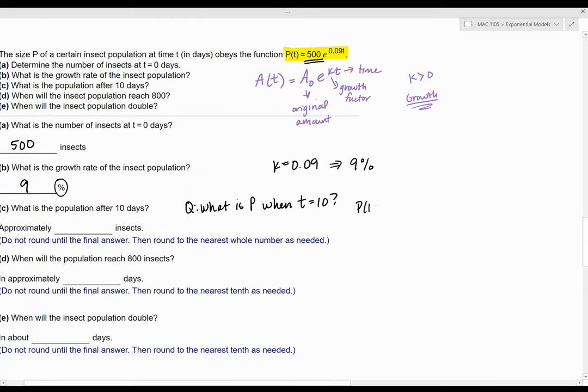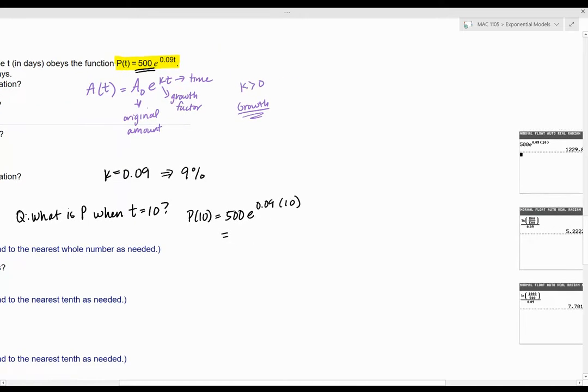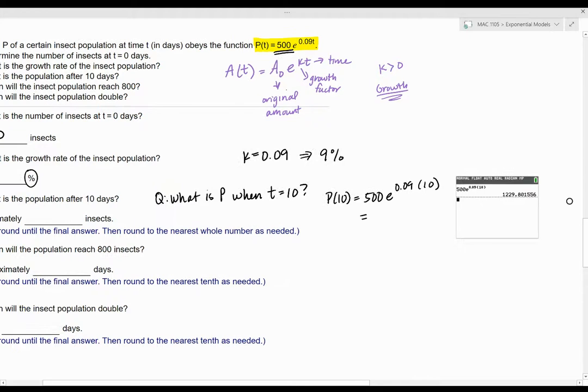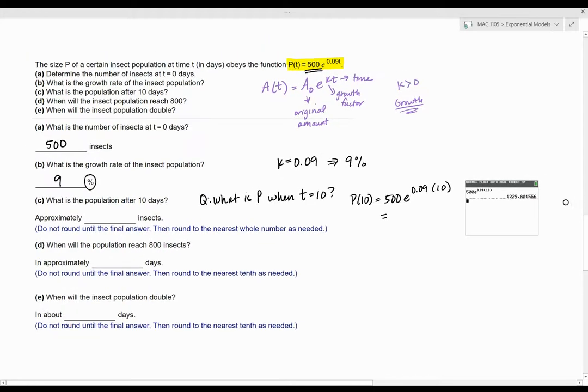P of 10 equals 500 e to the 0.09 times 10. We can put that into our calculator, and when we do that, we end up with 1,229.8.